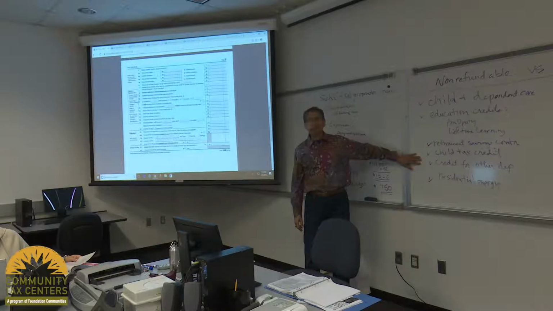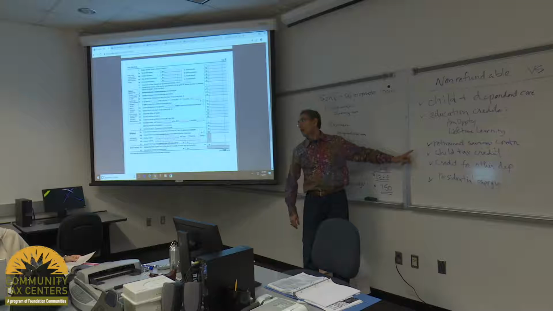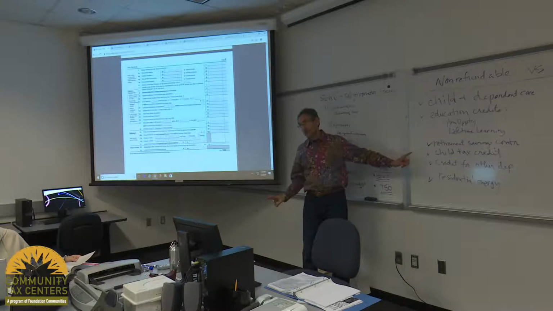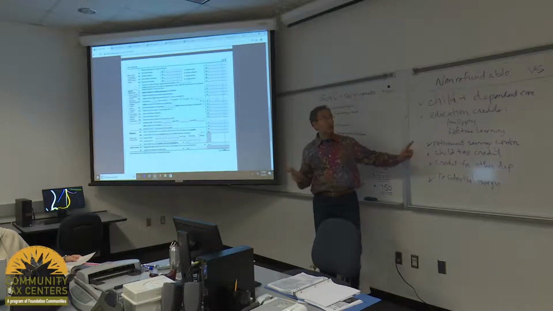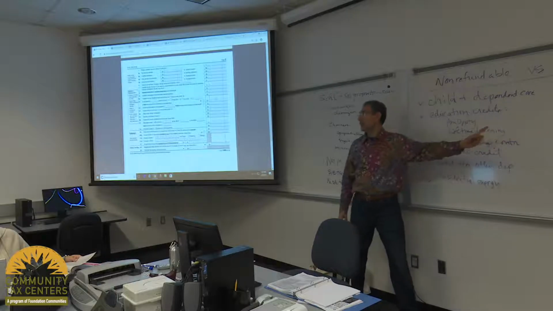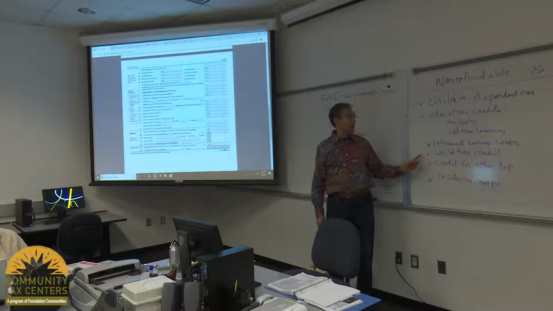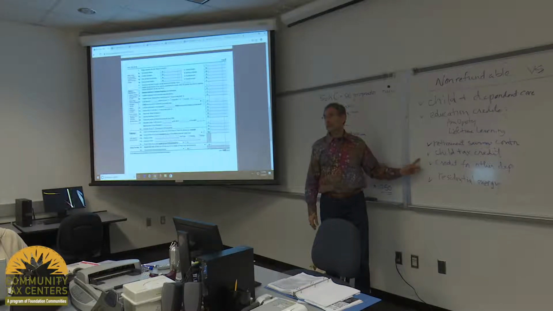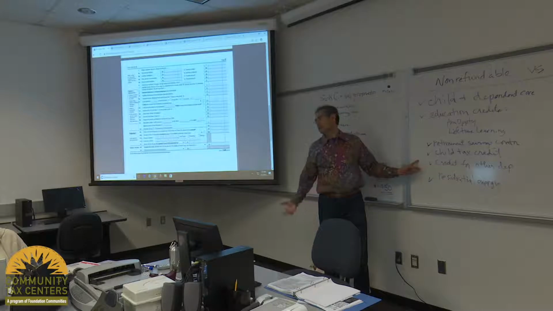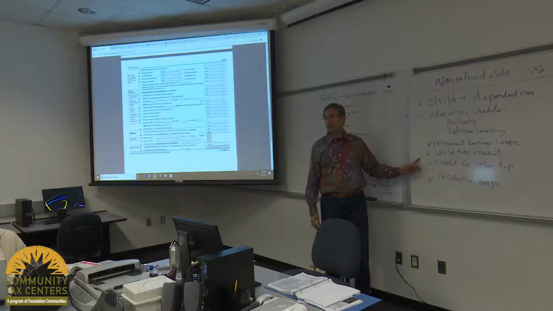What's the maximum amount of the child tax credit? 1,400. Well, it's actually 2,000. It's 2,000, but the refundable portion is 1,400, right? Okay, and then what's the maximum age where you can get child tax credit? 17. Under 17. 16 is the other way to say it, right? And you have to have a Social Security card, right?